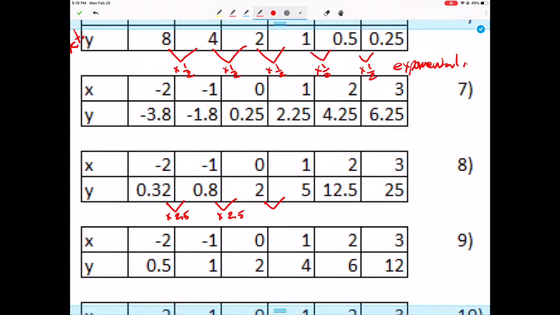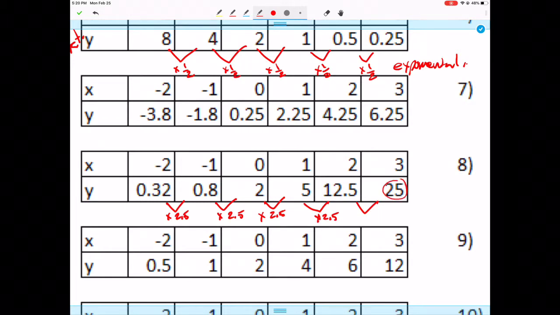This one, though, when you multiply 2 times 2.5, that gives us 5. All right, I think I was a little off. So this one, 5 times 2.5, we're still there, 2.5, and then we'll do the last one. 12.5 times 2.5.